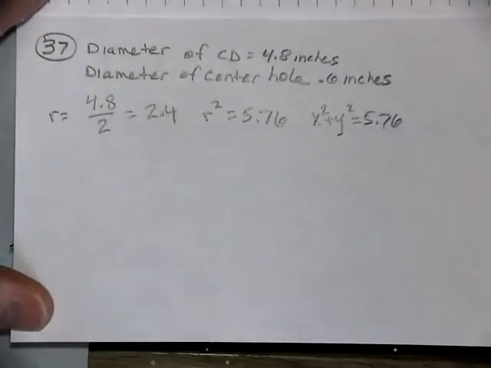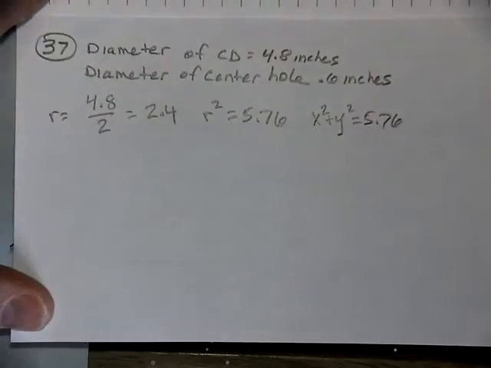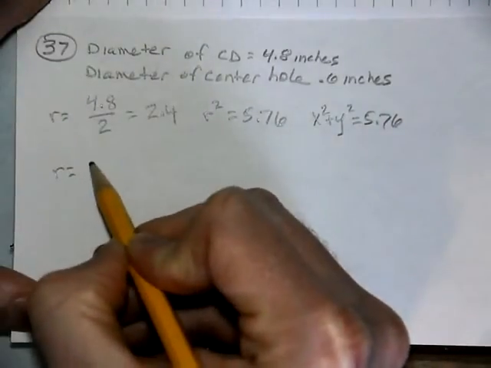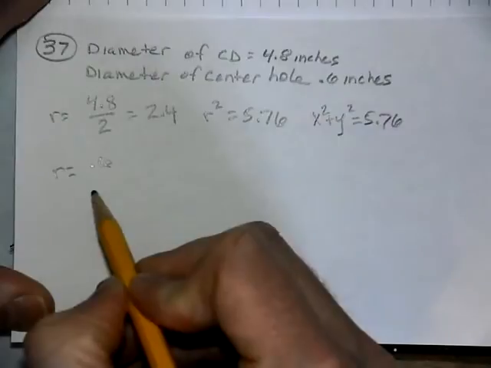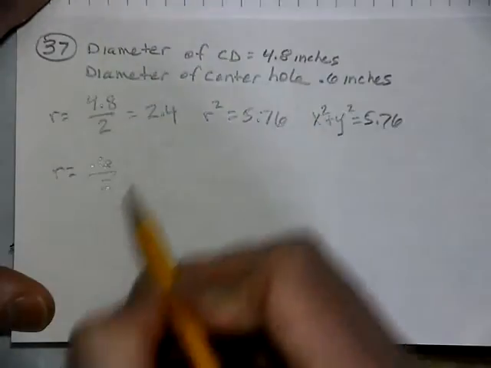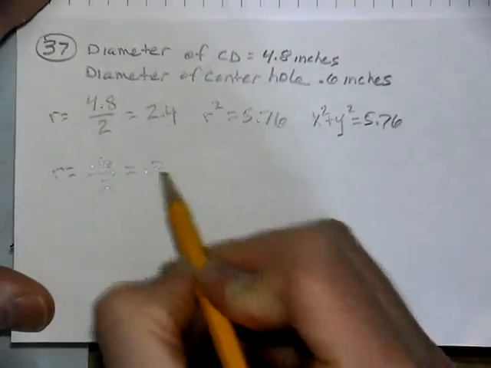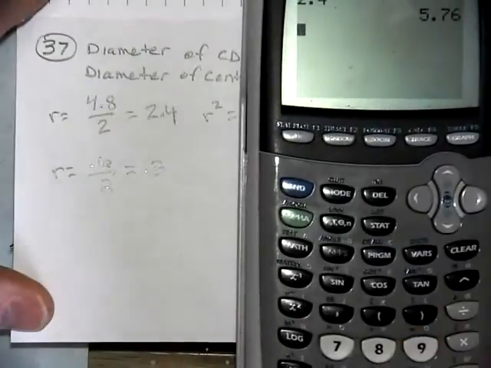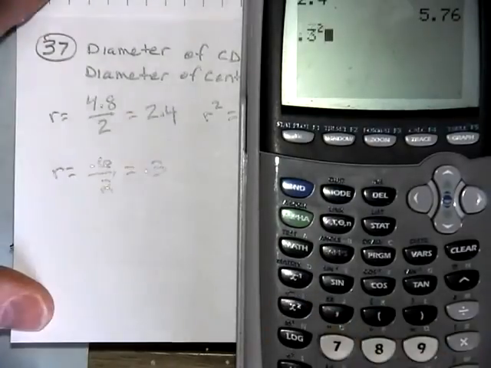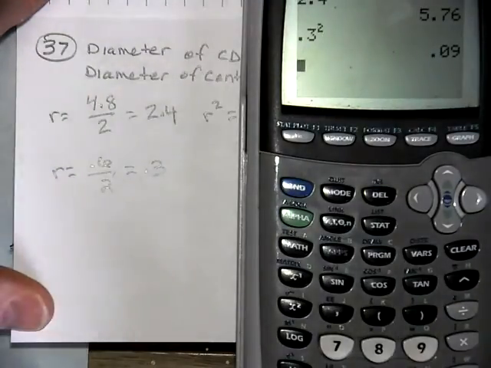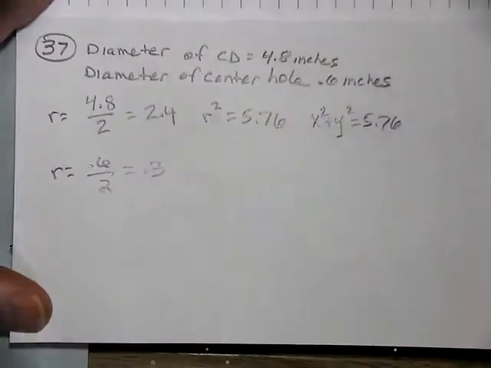And then the hole of the CD has a diameter of 0.6, so we have to divide that by 2 to figure out the radius, so that's going to come up to be 0.3. And when you square 0.3, that's 0.3 times 0.3, which is 0.9, but you move the decimal spot over 2, so it's actually 0.09.